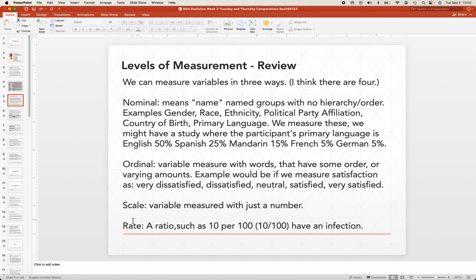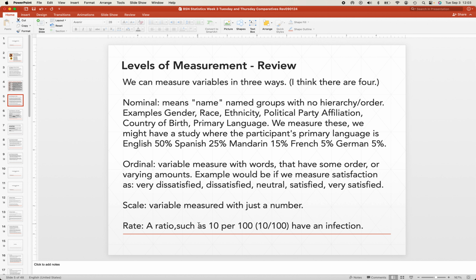I'm of the opinion that there is a fourth type of data, which I would call a rate. It's a ratio, such as when we're talking about an infection in a population, that maybe we have 10 out of 100 have this infection, or 10 out of 10,000 have this infection. It might be with the percentage of CAUTIs or catheter-associated urinary tract infections that we have in our hospital.